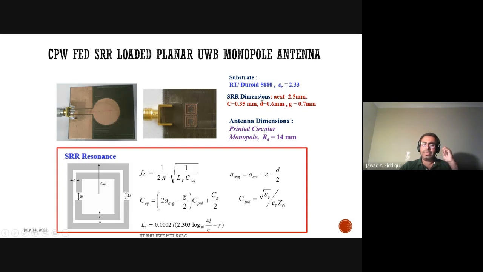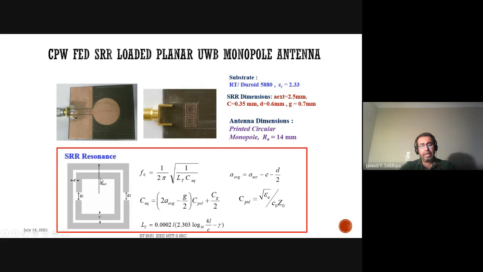These are the dimensions, and the substrate we used has epsilon r of 2.33, RT/duroid 5880, and these are the SRR dimensions which we use. These are closed form expressions that we provided in most of our papers, with which you can calculate the SRR resonance empirically. Once you know the SRR resonance, you know that this is the frequency that is going to be weeded out or filtered out from the antenna.